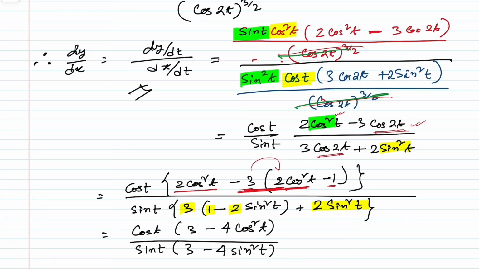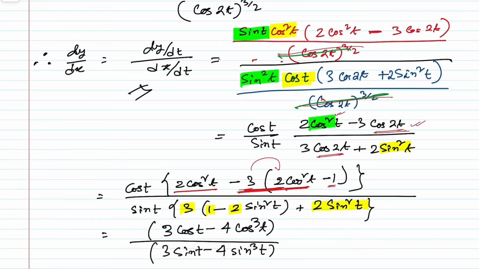From here, just multiply these two terms. If you multiply this one with this and this one with this, we will get these terms. Instead of square, this 2 will be cube, and here we will get 3 cos t, and here 3 sin t.